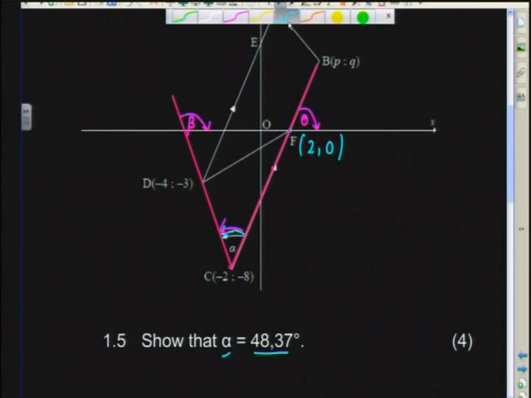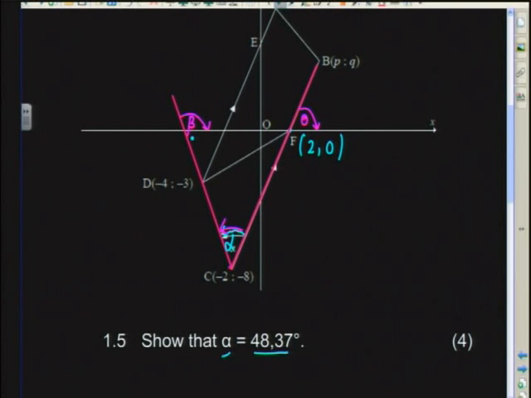Remember, this little alpha here is between the two lines. There are lots of different ways to do it, but if I've got beta, I can work out this little angle here, which is adjacent to beta, angles on a straight line.